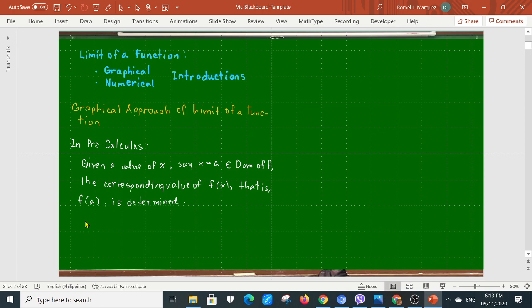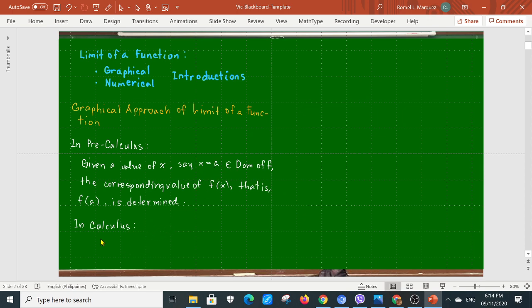Now in calculus, we have much concern, not just on the function value at x equals a, but also on how the function behaves at the vicinity of what? Of x equals a.